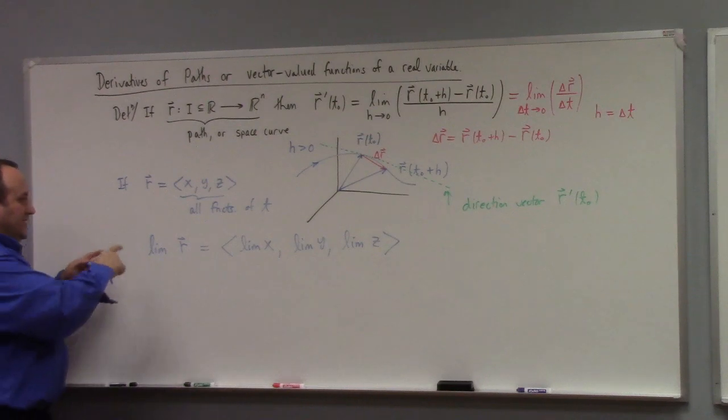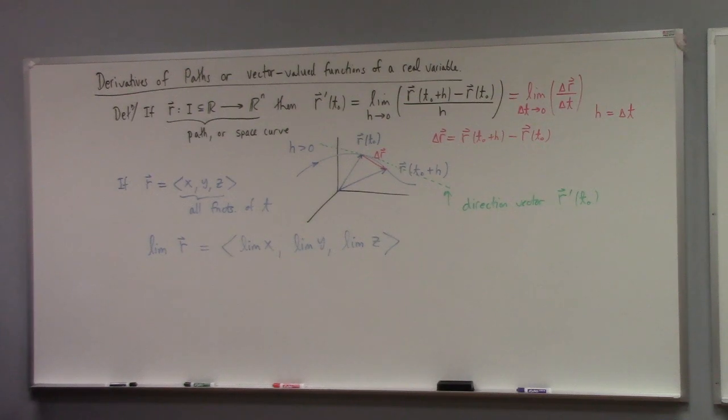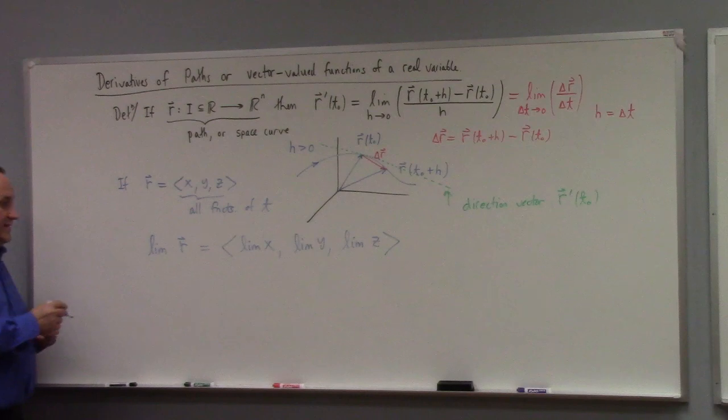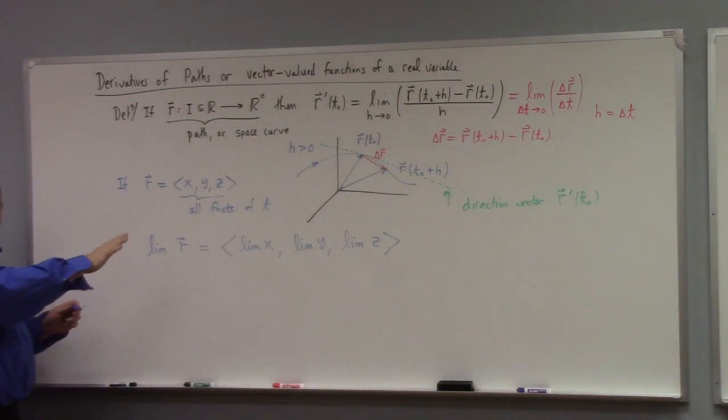In other words, the limit of a vector valued function is the vector of the limits of the component functions, provided they exist. So what that means, guys, is that this is a theorem of advanced calculus, all right?